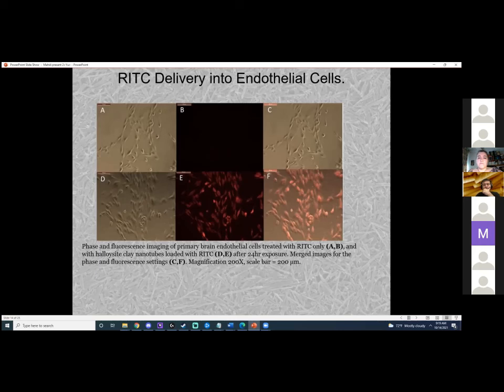This is just a fraction of it, which shows that in every scenario and at any time point, whether it's 30 minutes, 4 hours, 24 hours, or 10 days, the halloysite loaded with the RITC had better fluorescence in imaging of the endothelial cells than RITC alone. If it was RITC alone in this image, the whole image would be red.